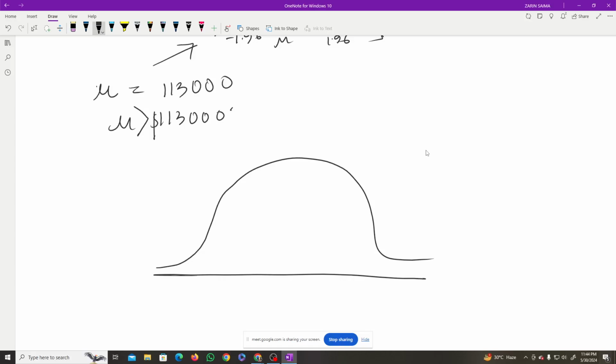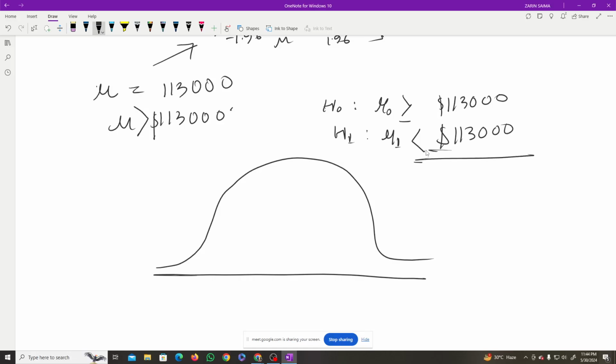Since the null hypothesis in this case is greater than $113,000 for the average salary, and your alternative hypothesis is less than $113,000, the rejection area will be different, because you will reject the null hypothesis when it follows this condition, right?